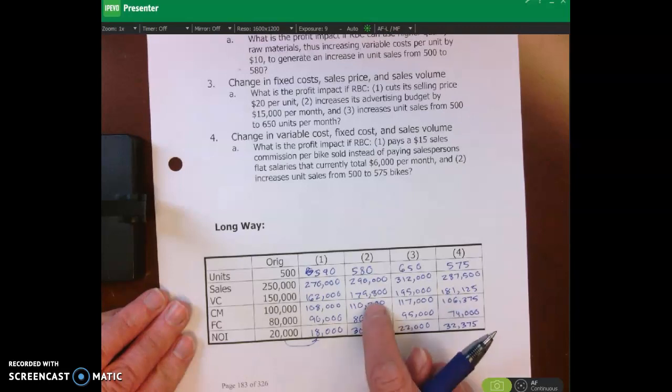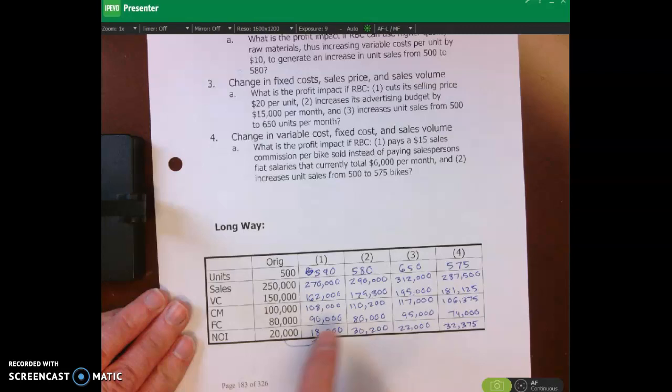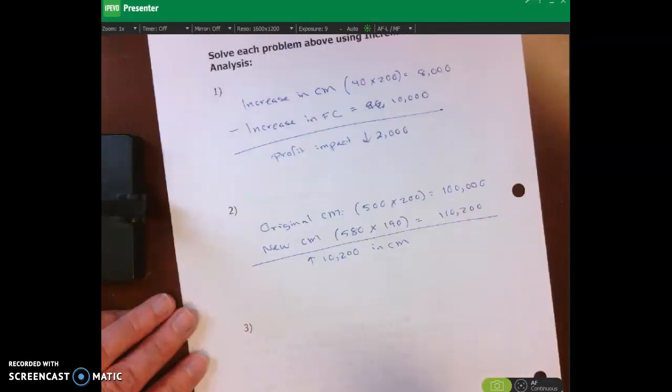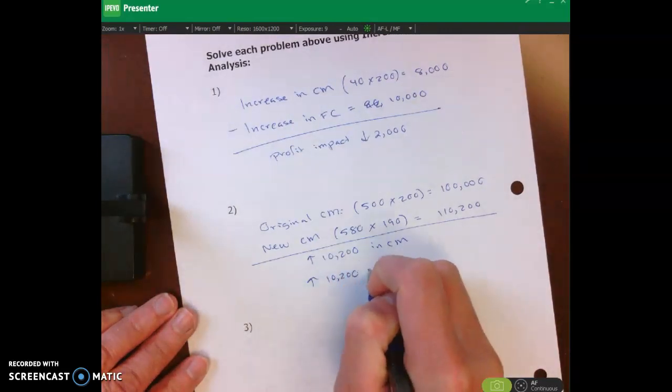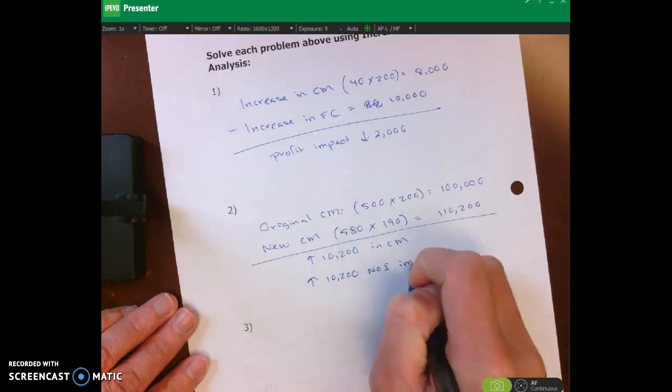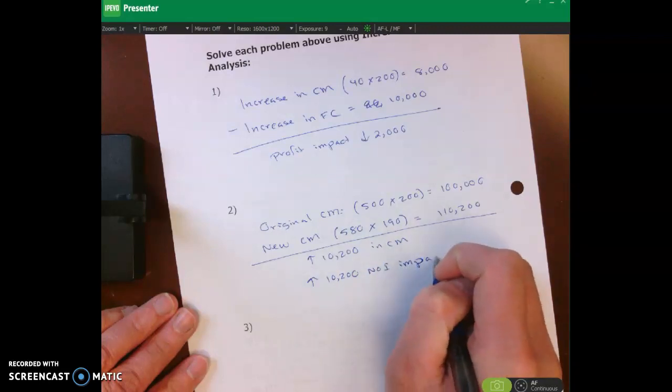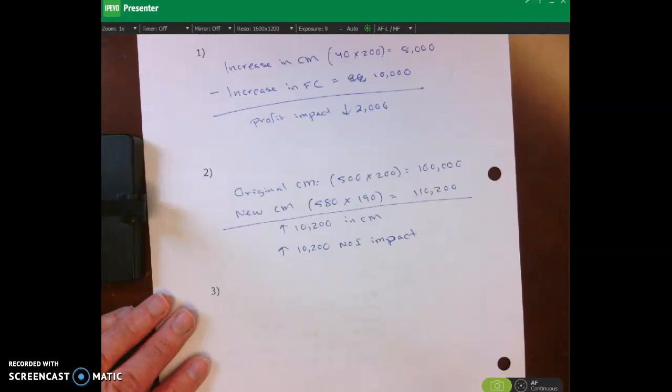So our increase in CM of 10,200 is also equal to our increase in net operating income, and that's also because we're beyond the break-even point. Remember, once you're beyond the break-even point, any increase in contribution margin is your increase in net operating income. So our impact on net operating income is an increase of $10,200.